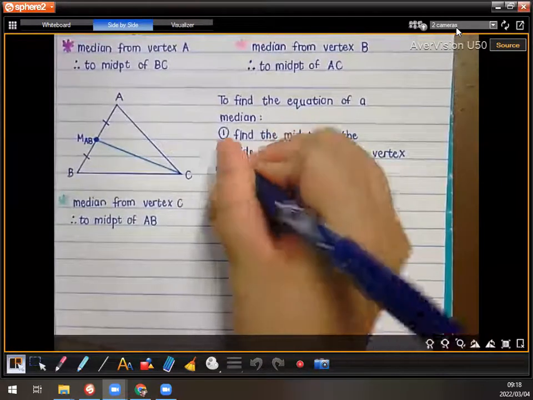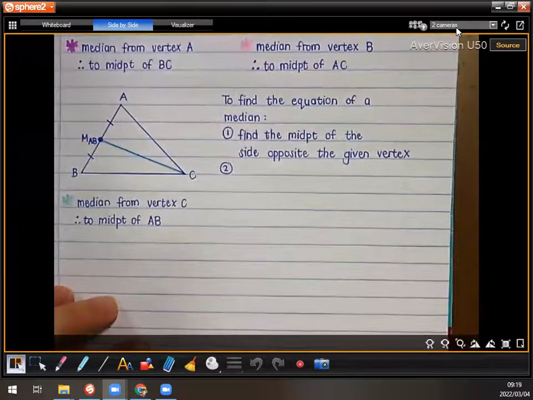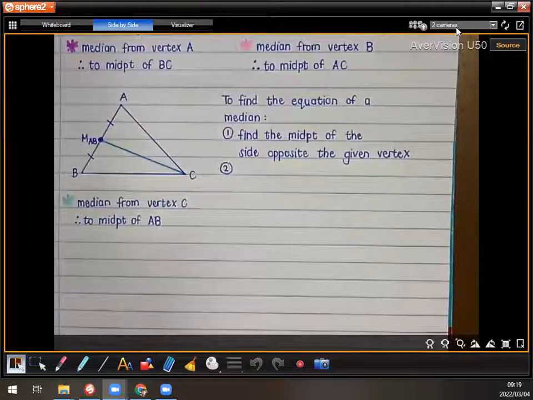Step 2 is going to be to find the gradient of the line. We're trying to find y equals mx plus c. M is the gradient.